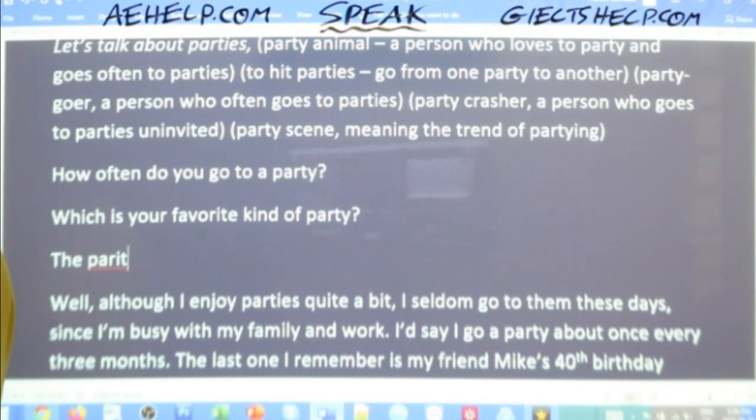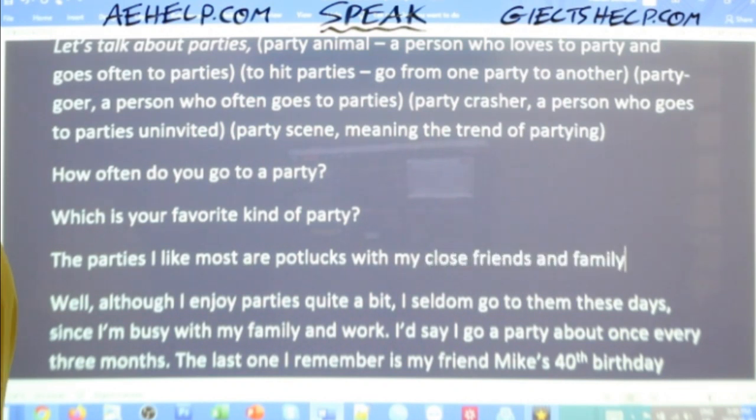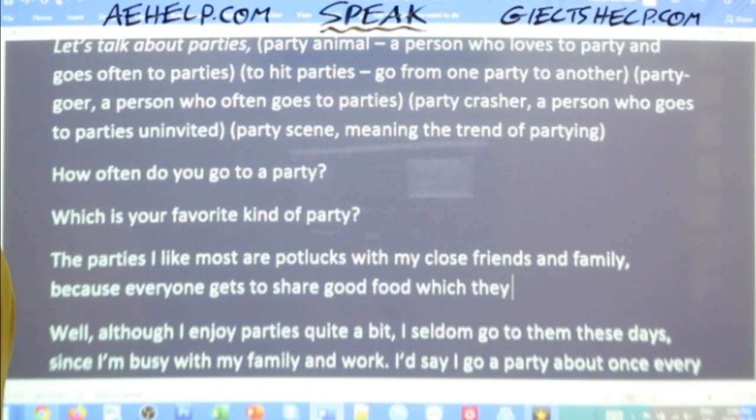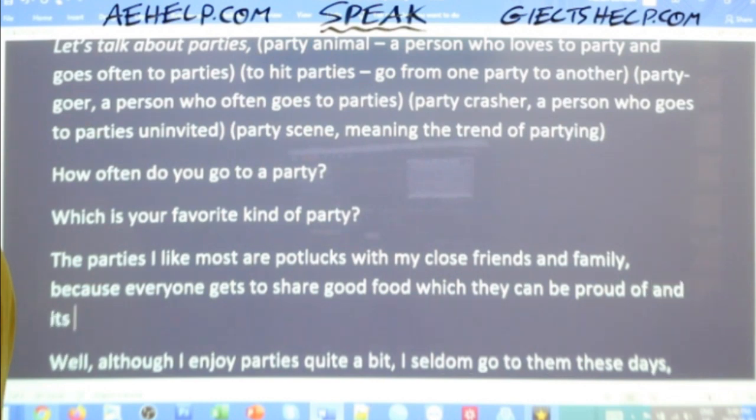The parties I like most are potlucks with my close friends and family, because everyone gets to share good food, which they can be proud of, and it's not overwhelmingly loud and crazy.